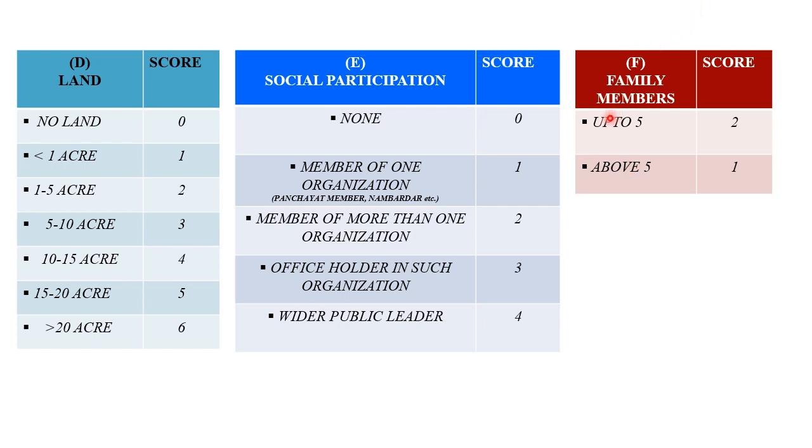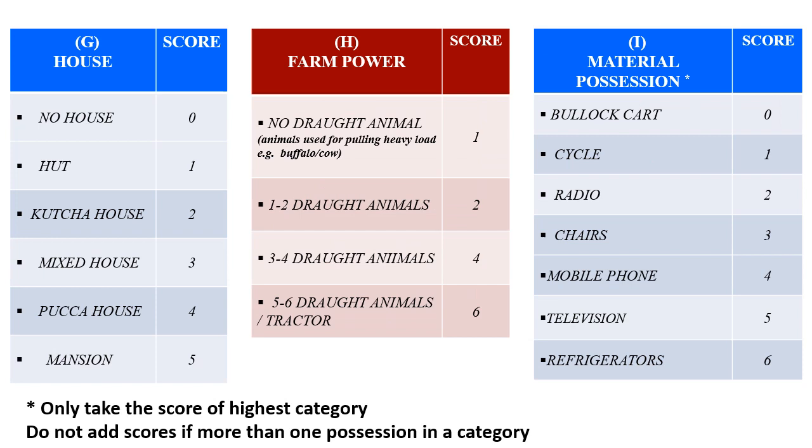Then family members: up to 5, score is 2, then above 5, score is 1. Next is house: no house, hut, kacha house, then kacha pakka house, that is mixed house, then pakka house, then mansion.